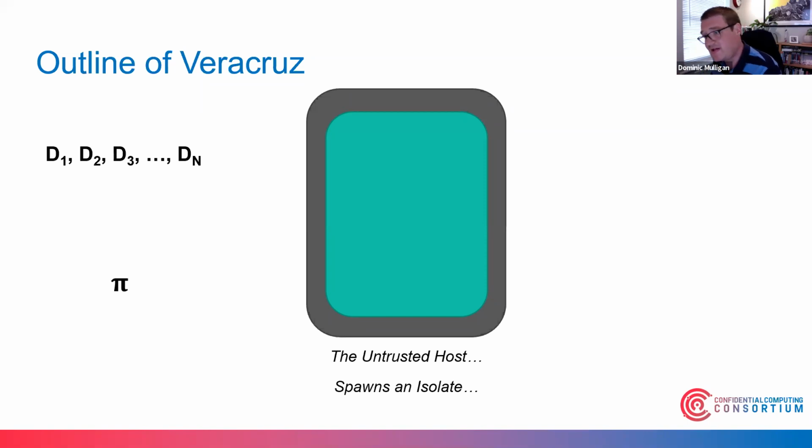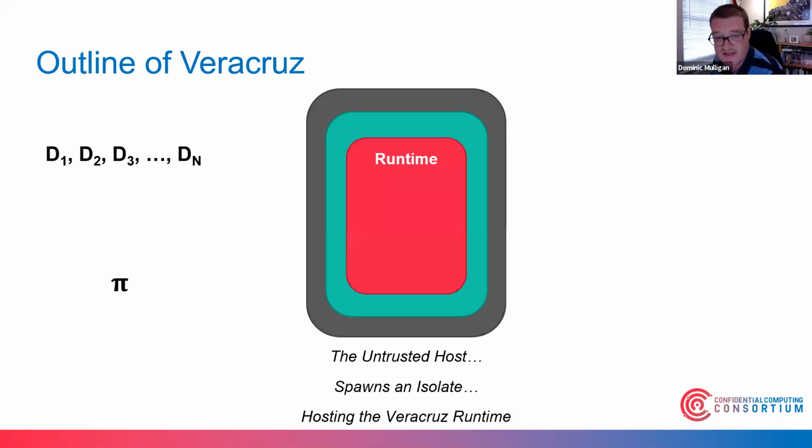Once one of these isolates has been spawned by the untrusted host, it goes ahead and loads the Veracruz runtime. This is open source, and I'll provide the repository URL at the end of this talk. We can assume that everybody has audited this runtime, or they're at least happy that it isn't backdoored, by reading through the code.